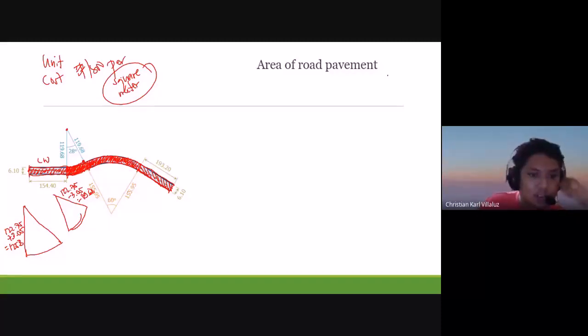Just subtract 3.05 to get this distance, so we have 155.95. Then just add 2 lanes to get the total distance from the center of the curve to the other side of the road.